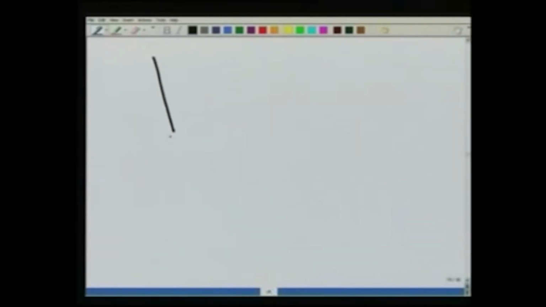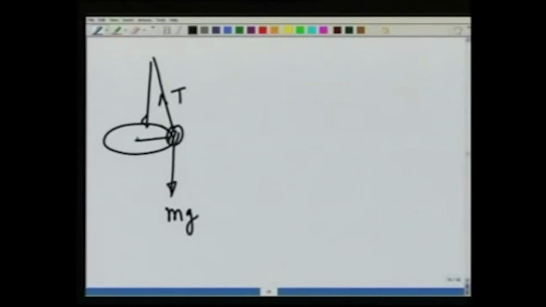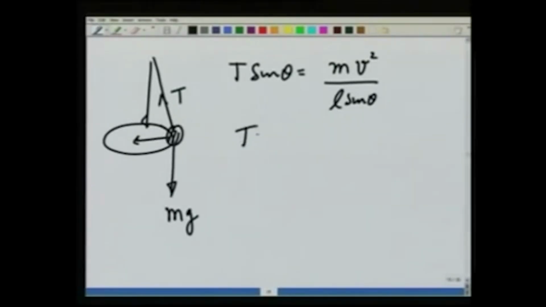So, when this bob is moving in a circle like this, this is the tension T in the rod, this is mg, this component of T provides a centripetal acceleration, and therefore, T sine theta must be equal to m v square over the radius of the circle, which is L sine theta, and T cosine theta must be equal to mg.